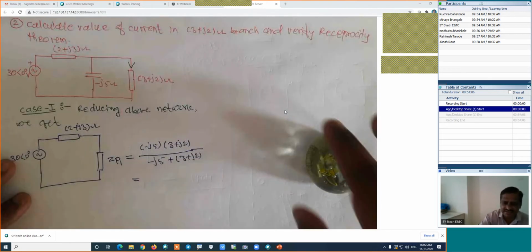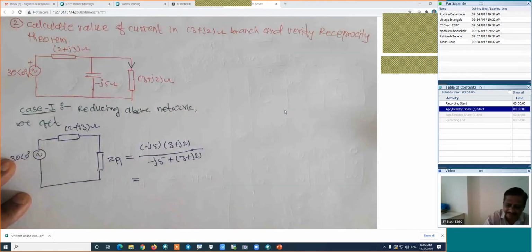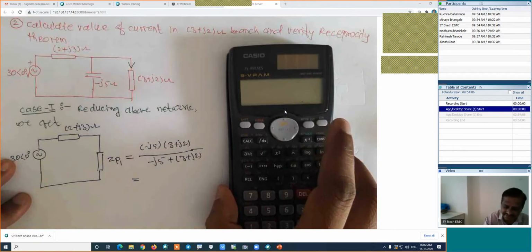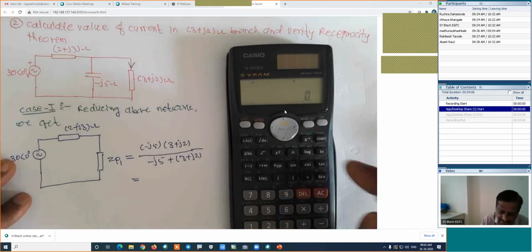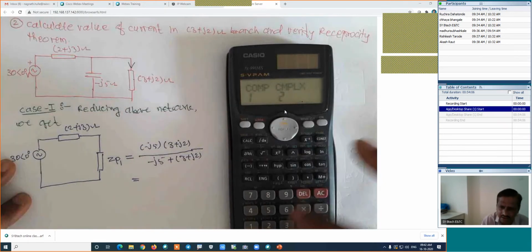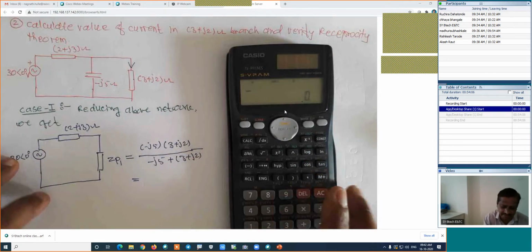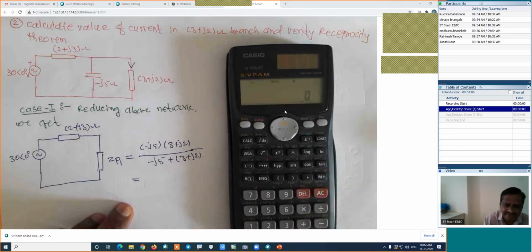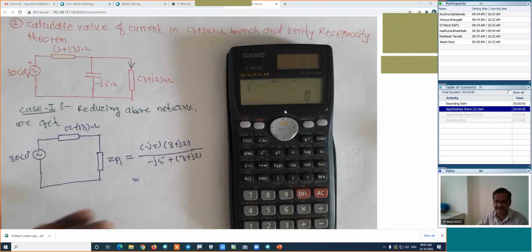In this case, I will use the calculator and shift it to complex mode. Now the calculator is in complex mode. I will calculate the numerator.